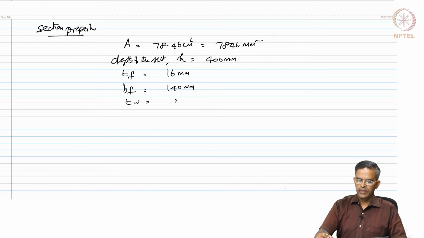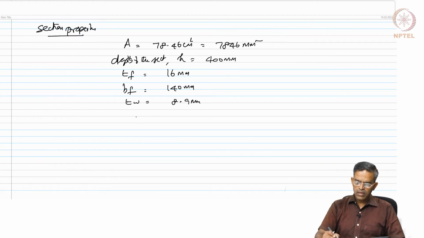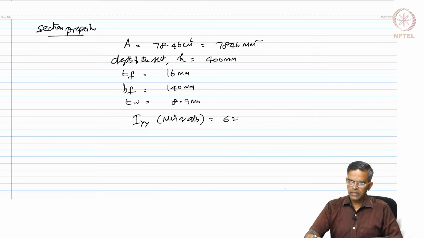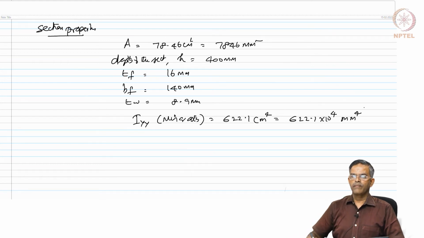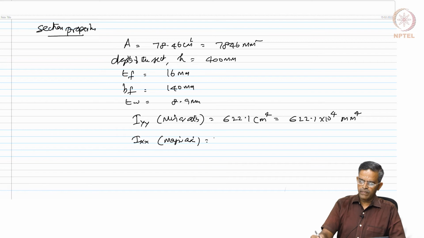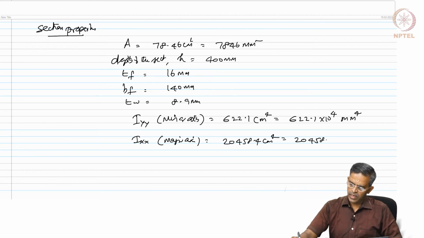Thickness of the web 8.9 mm. This can be seen from steel tables. Moment of inertia about the minor axis, also given in the table, which is 622.1 centimeter 4, which is 622.1 10 power 4 mm4. Ixx, which is about the major axis, which is 20458.4 into 10 power 4 mm4.